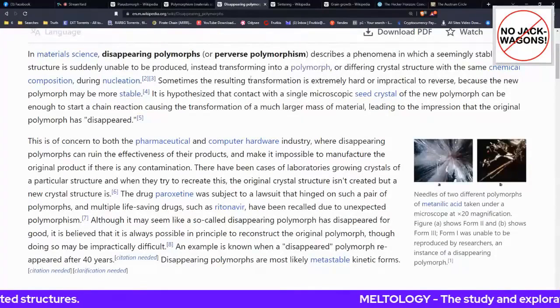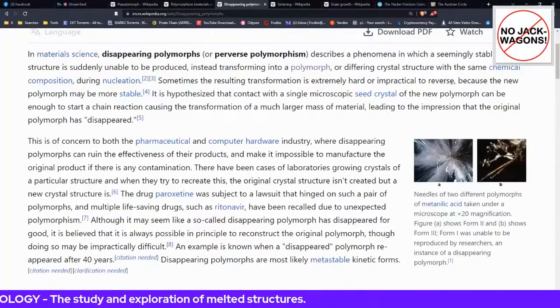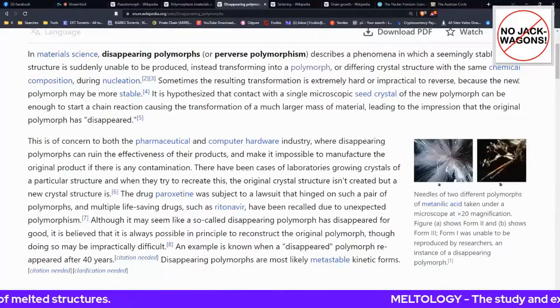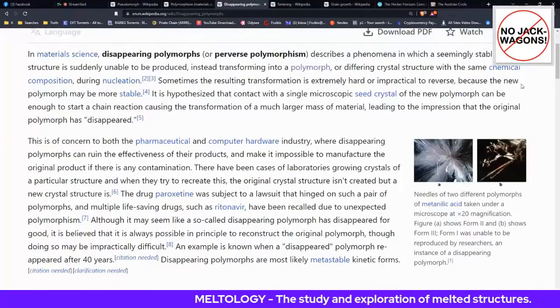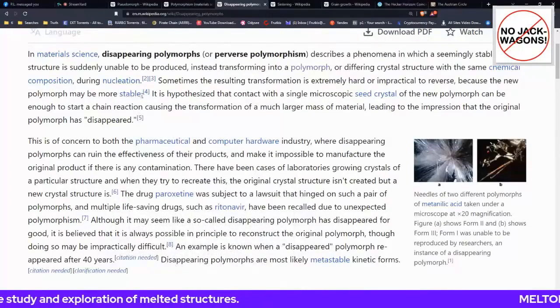Sometimes the polymorph becomes so pure that you cannot change it anymore. It's set in there, and this is how you get your diamonds and your crystals. Every type of crystal, you cannot change it to something else because it has set to this stable form.